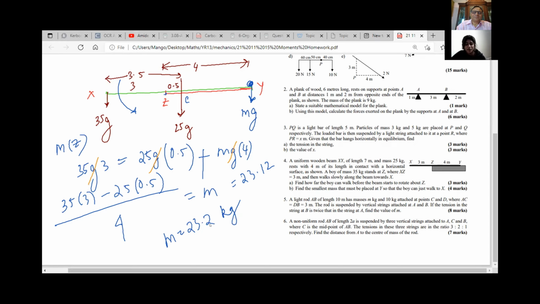Because whenever you write things down, you don't ever think about why. You need to think about the realistic reality of it. Whereas if it's just a different thing, you just write 0.1 and that's it. The smallest mass that must be placed at y so that the boy can just walk to x: if it is less than 23.12, it is going to tilt.